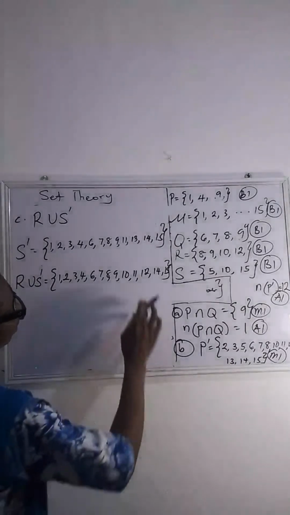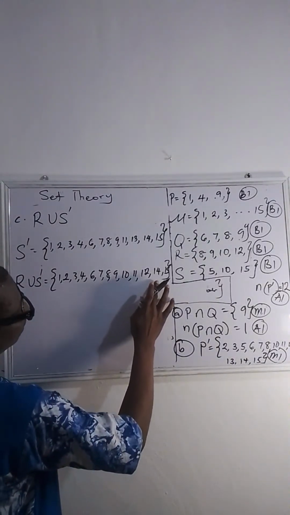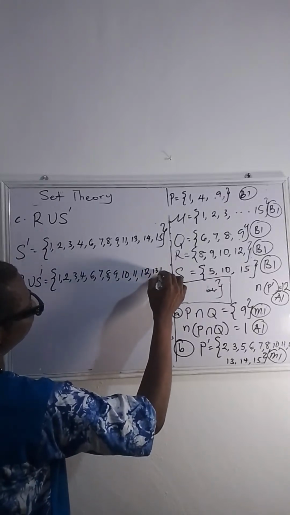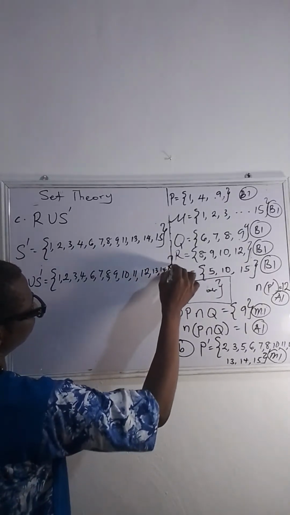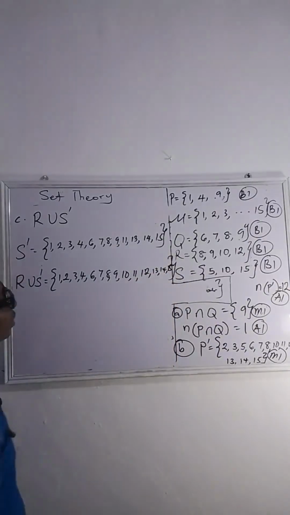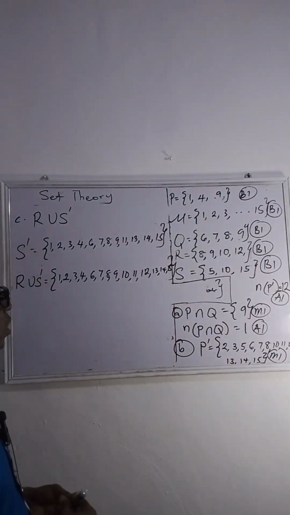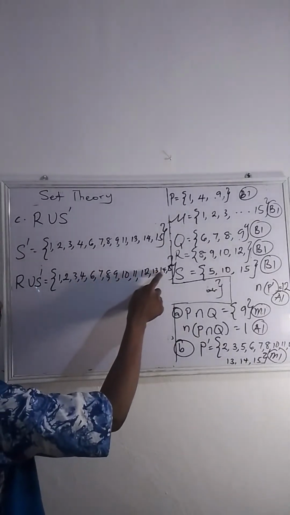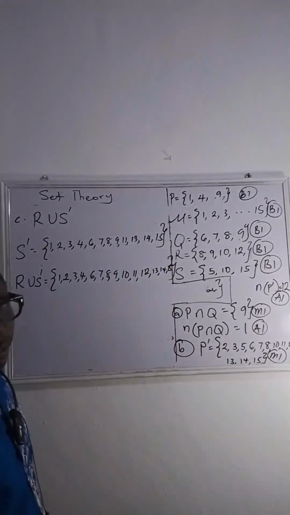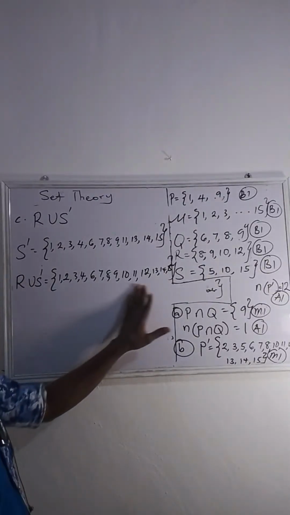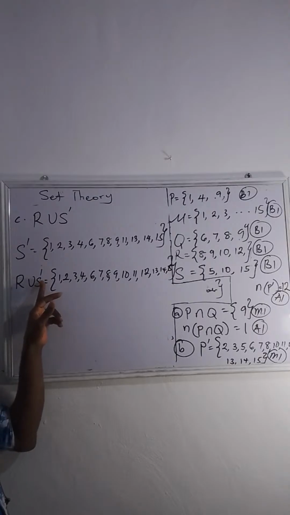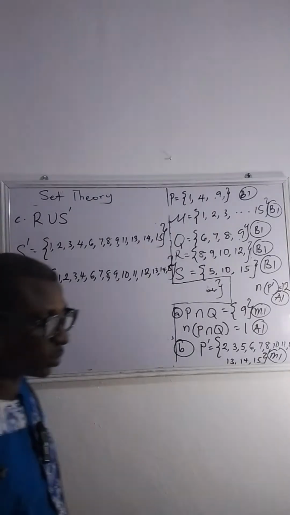Yes, so we have 1, 2, 3, 4, 5, 6, 7, 8, 9, 10, 11, 12, 13, 14. Yes, that's correct. So this is the set of R union S complement. All right, that's the first part of the question.